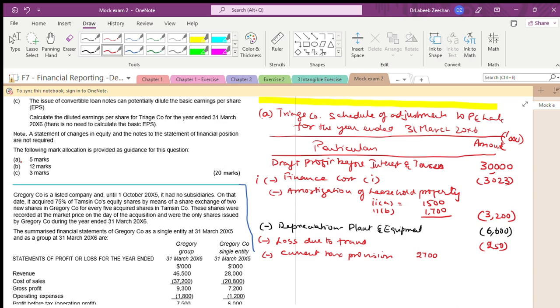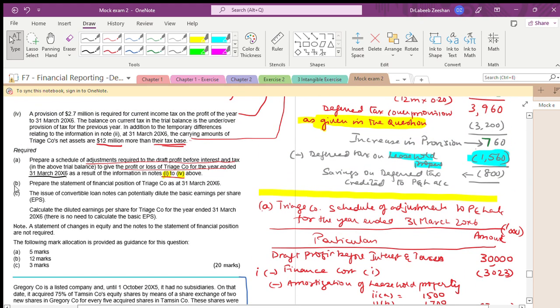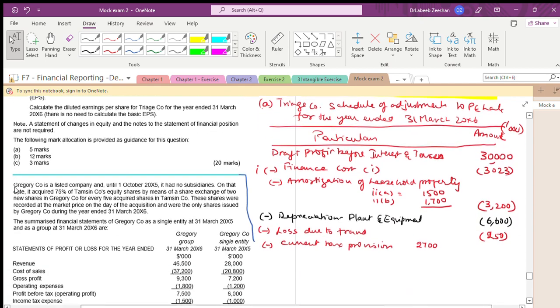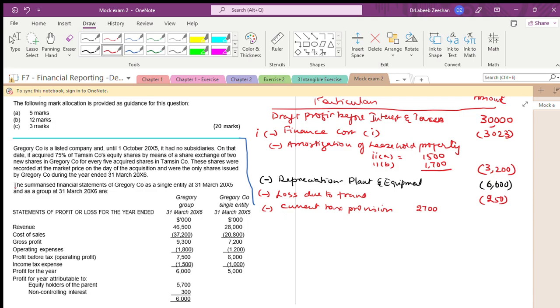In this, the provision of current income tax is at 2.7.